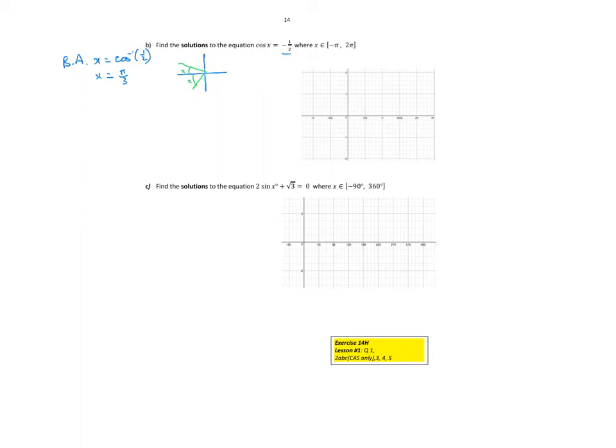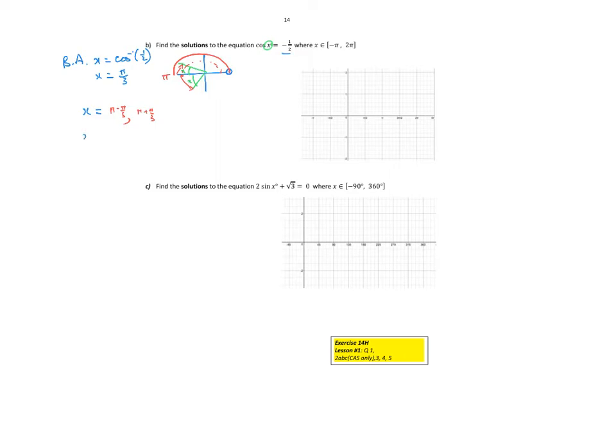Now my angle x is equal to, we'll start at 0 and go around to pi and then subtract pi on 3. And the next one is around to pi plus pi on 3.